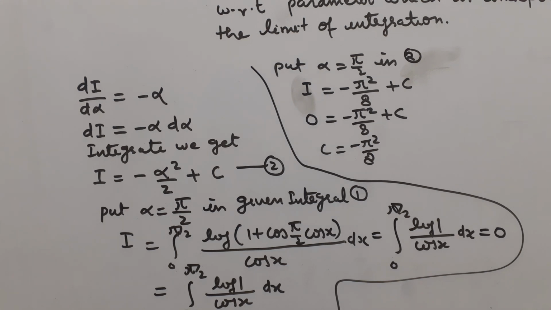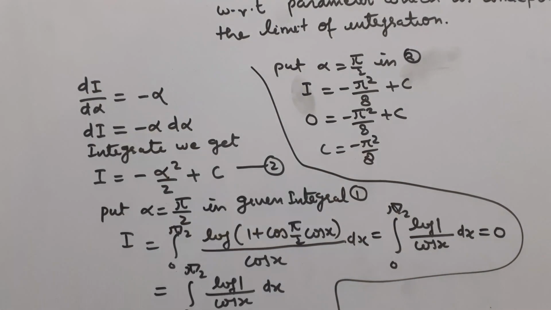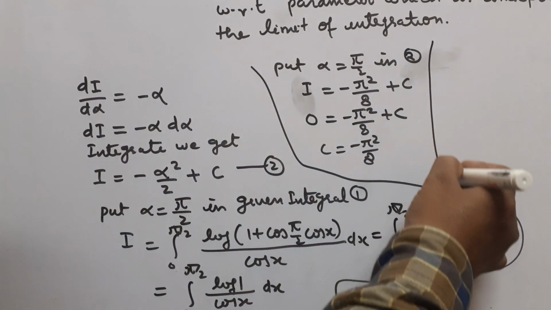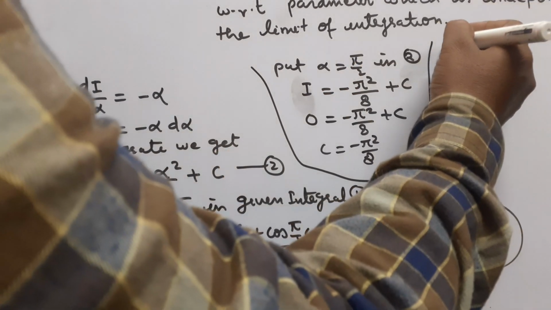Now we put alpha is equal to pi by 2 in second, so I is equal to minus pi square by 8 plus c, and we know that I is equal to 0 when alpha is equal to pi by 2, so in place of I we put here 0, and c is equal to pi square by 8. Now we again put the value of c in equation 2.